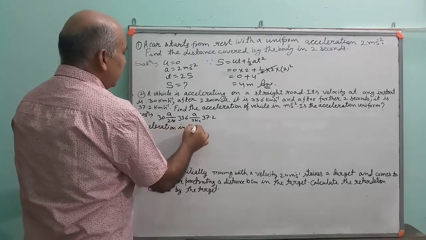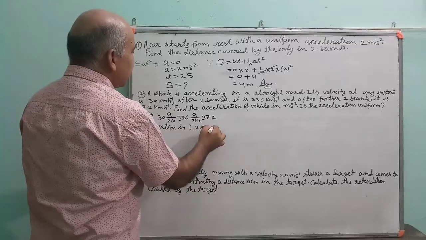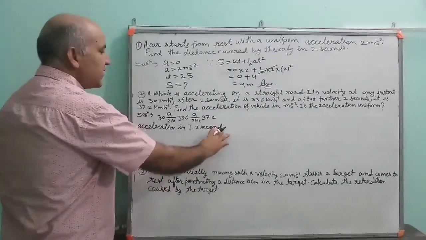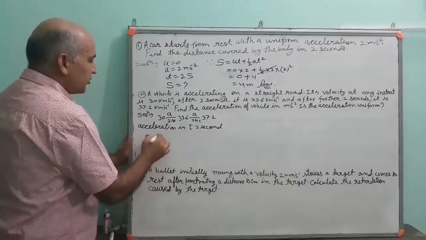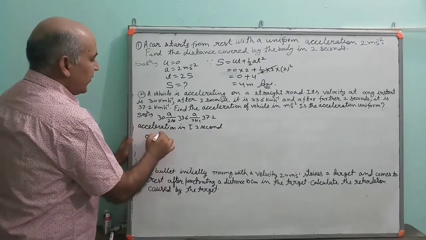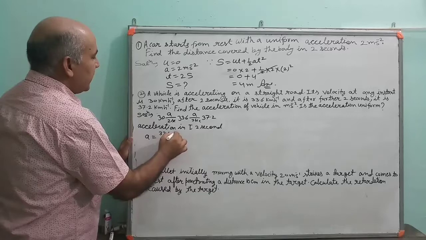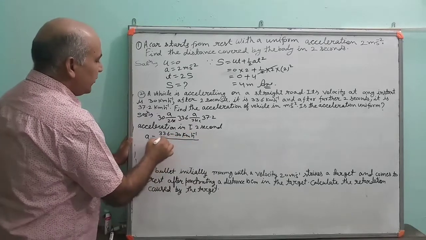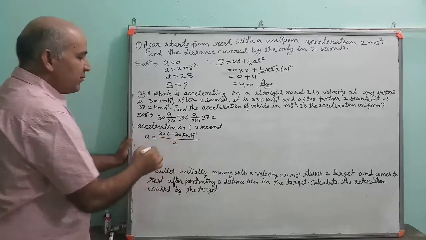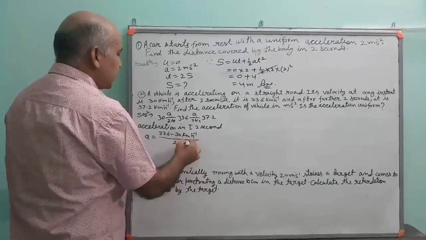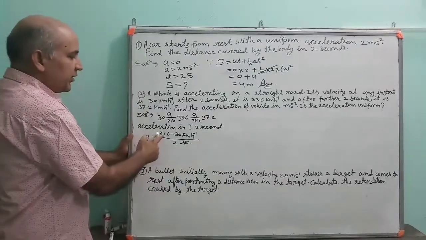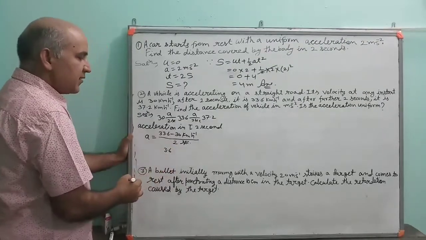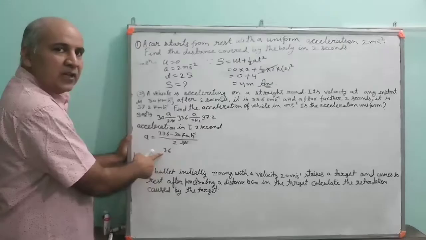Acceleration in first 2 seconds. In first 2 seconds, what is the acceleration? Acceleration is equal to final velocity minus initial velocity upon time, and this velocity is given in kilometer per hour while time has been given in seconds. Okay, 33.6 minus 30 is 3.6, but it is in kilometer per hour.